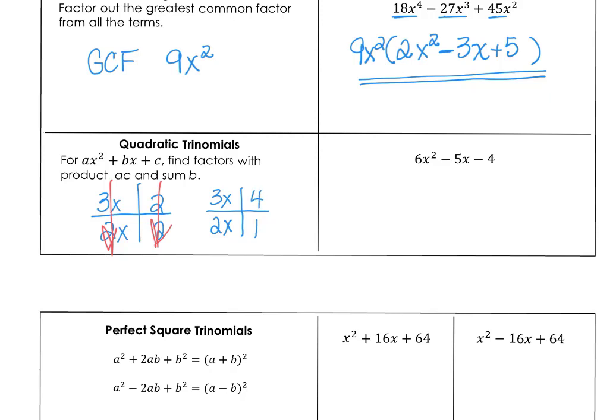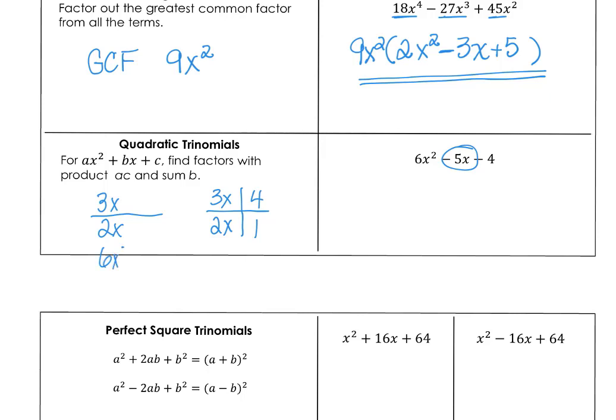So looking at the diagonals here, so let me just clean this up a little bit. If we look at the diagonals, 6x and 4x will not give us negative 5. So I know that's out, and I can't trade anything around to get that. But I could also try 3x and 2x.